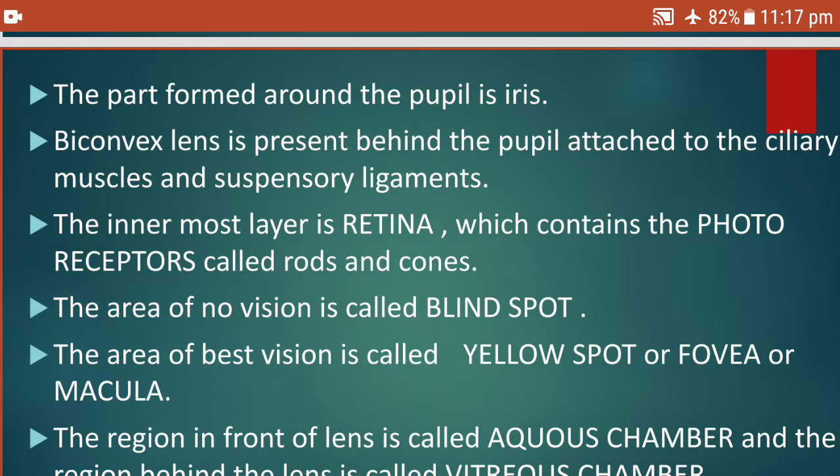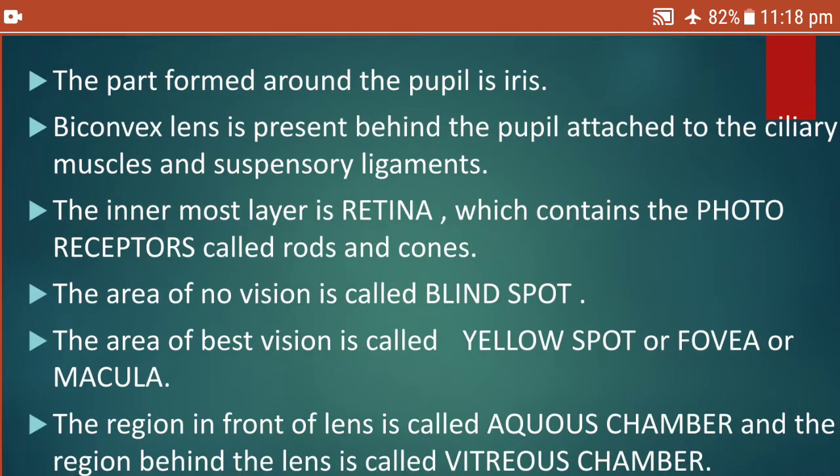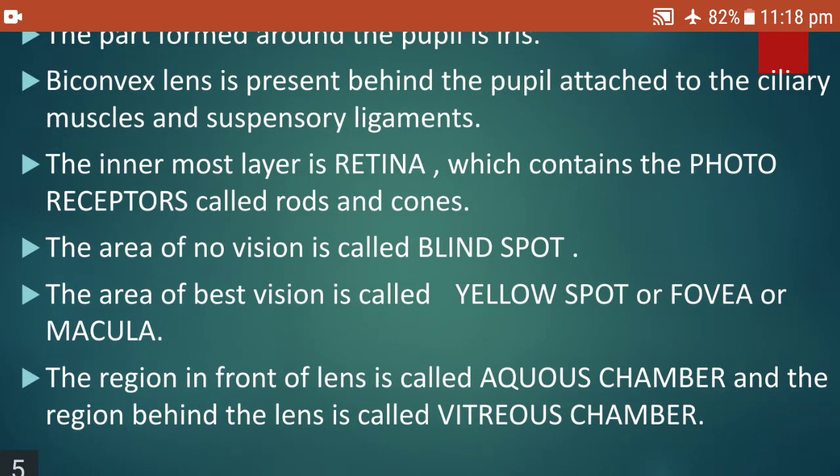The innermost layer is the retina, which contains the photoreceptors called rods and cones. The area of no vision is called the blind spot, and the area of best vision is called the yellow spot or the fovea or macula. The region in front of the lens is called the aqueous chamber, and the region behind the lens is called the vitreous chamber.